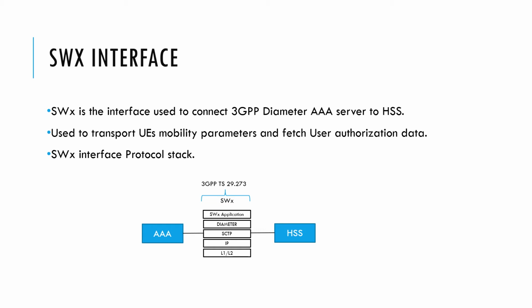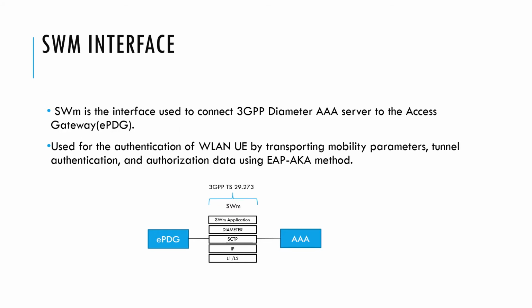And next interface is the SWm interface. SWm interface is between AAA and EPDG, and the authentication is performed at the AAA. So AAA has to do the authentication.